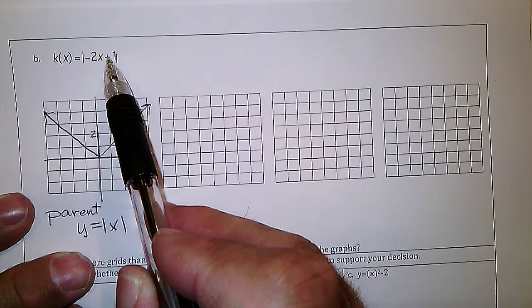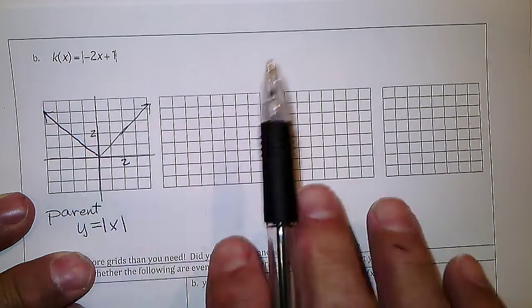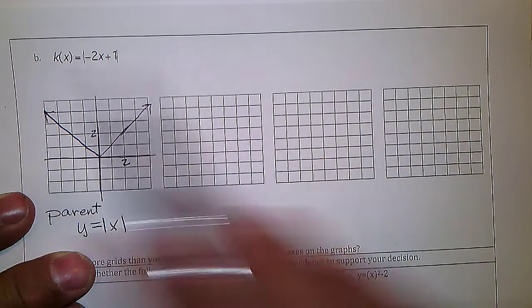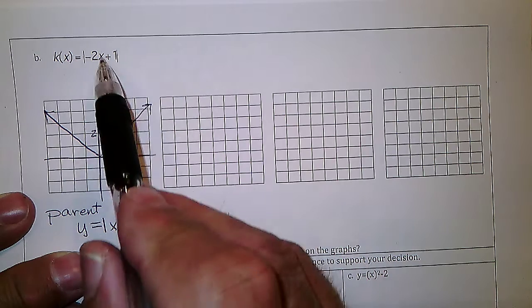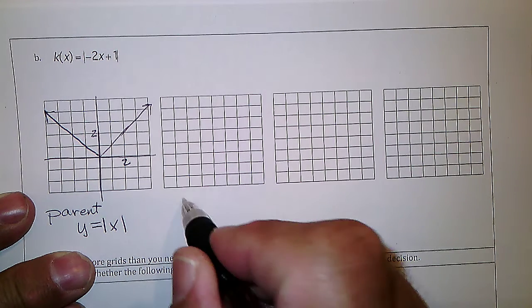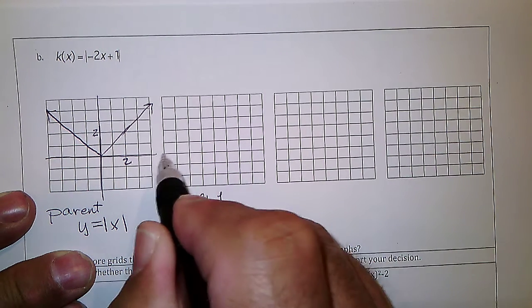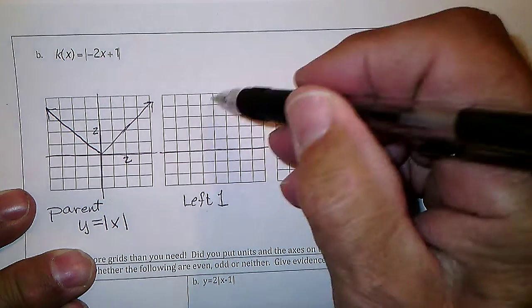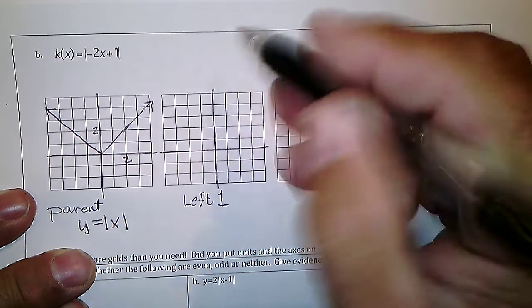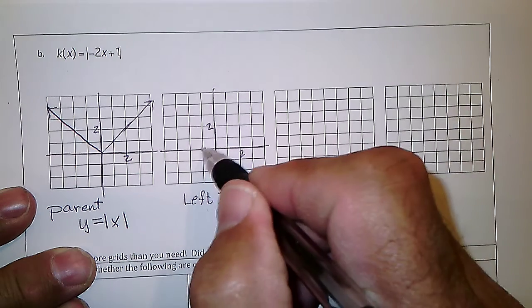So we're going to do the opposite of adding 1, and it's inside, so we're working horizontally, going sideways. So we're going to go back 1, to the left 1. So left 1, and so if I make my grid, my axes, and this is 2 and 2, then the V would come down to here.